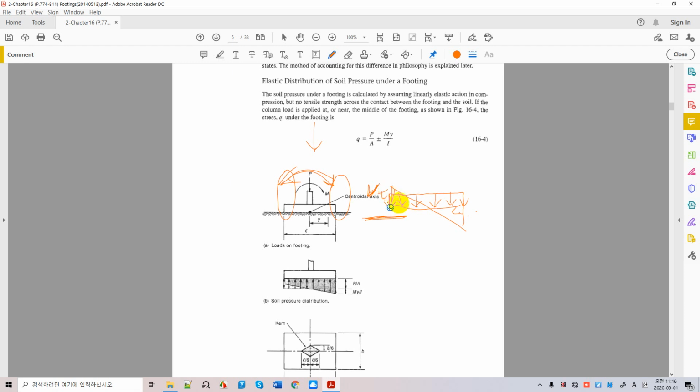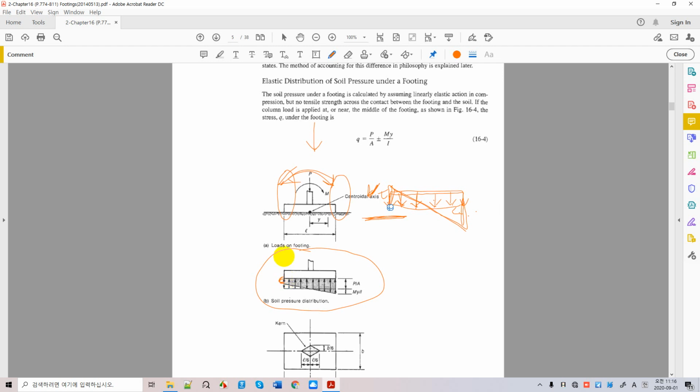If you superimpose this compression block onto the bending stress distribution, then we will obtain the resultant stress state as you see over there. We have a little tension and compression over there.